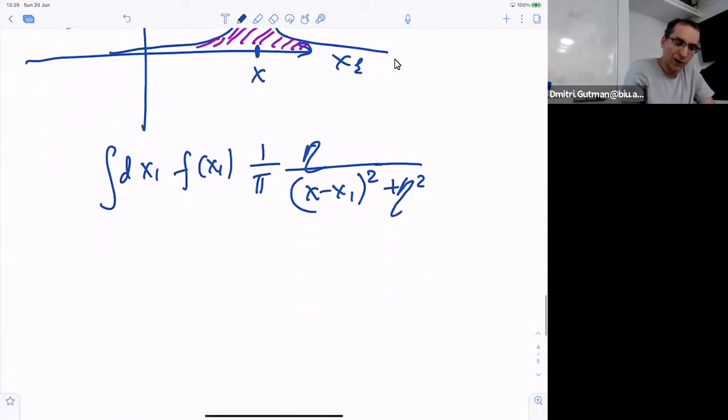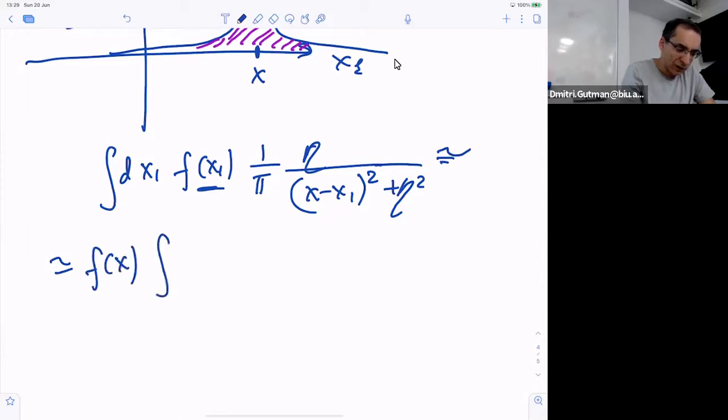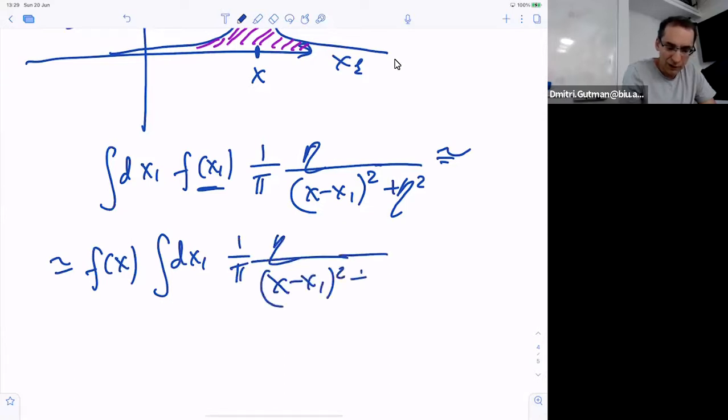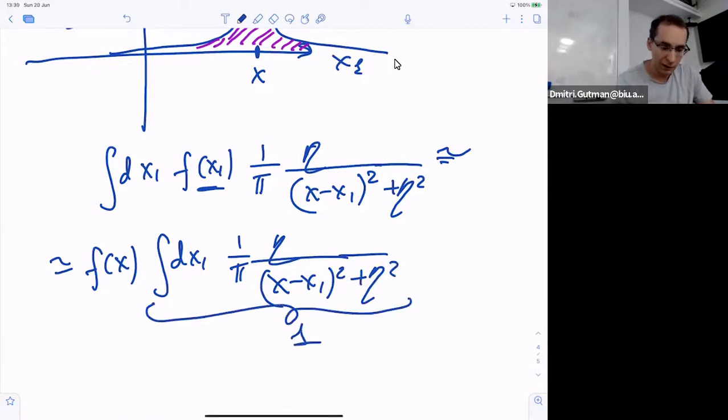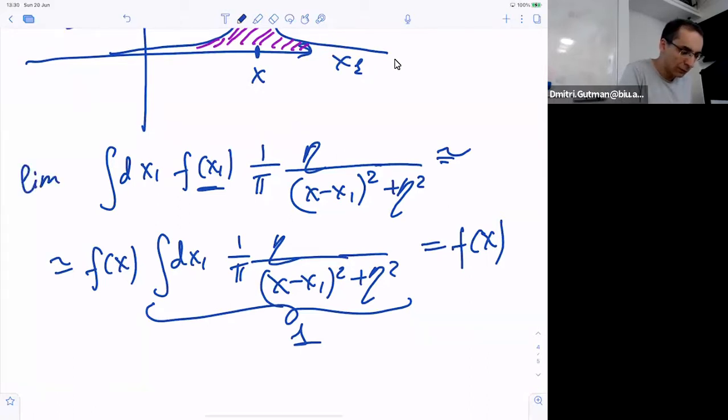It's a very narrow function, therefore I can replace x1 with x in the function f of x1 and say that this is approximately f of x times the integral over dx1 of 1 over π times η over (x − x1)² plus η². But this integral is just 1, and therefore we end up with f of x in the limit of eta going to 0.